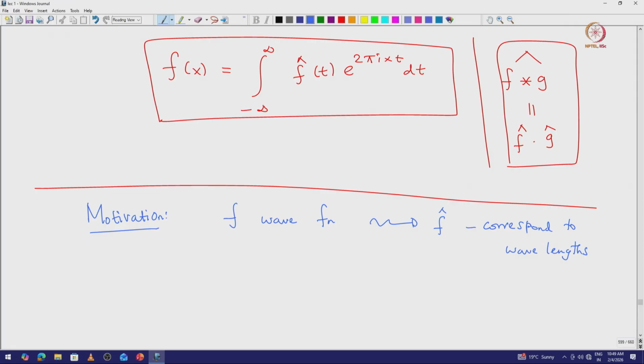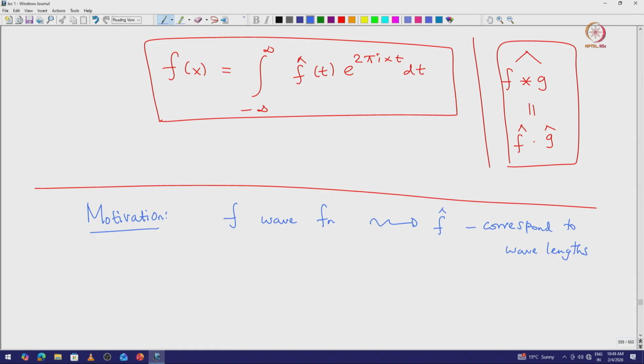Now in practice, one sets to 0 all sufficiently small values of f hat, thereby compressing the wave. This f hat is in a way what we are recording.